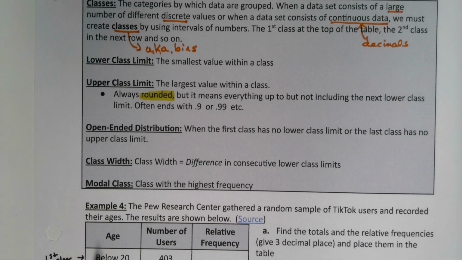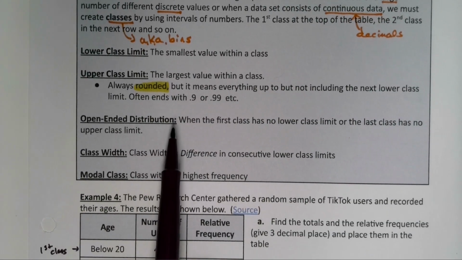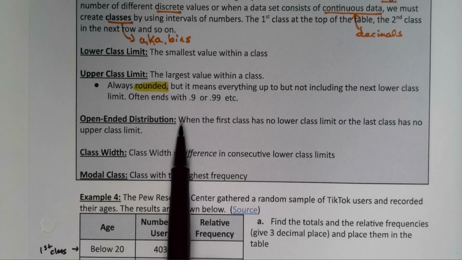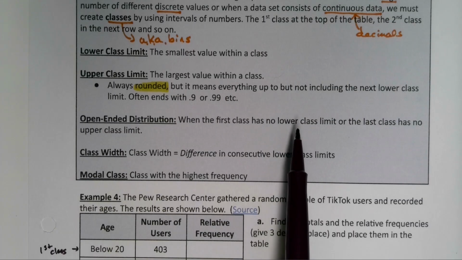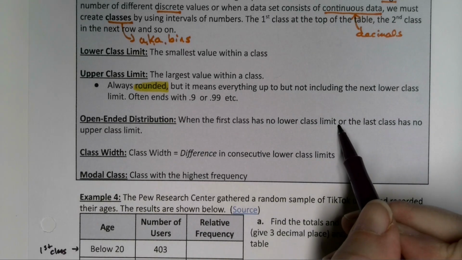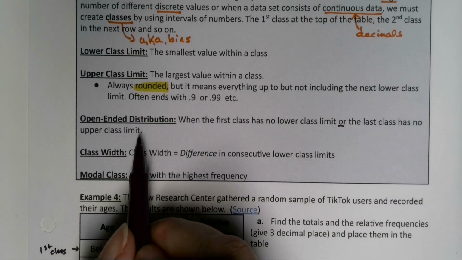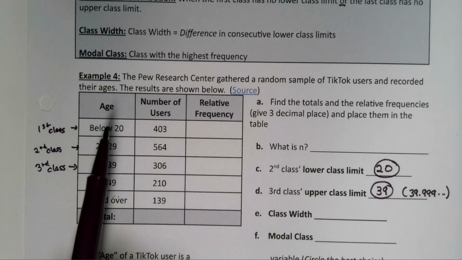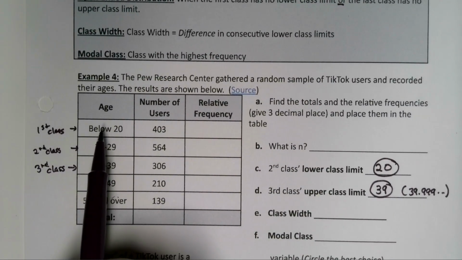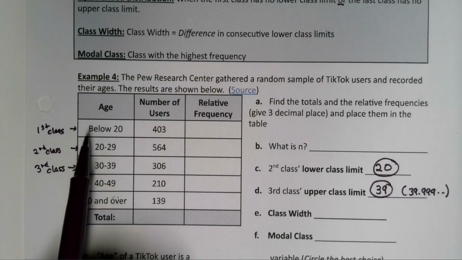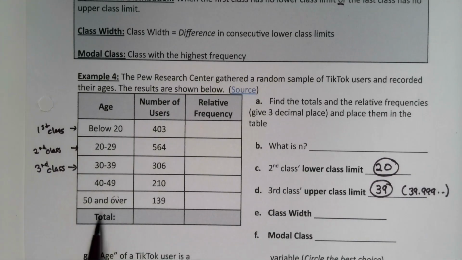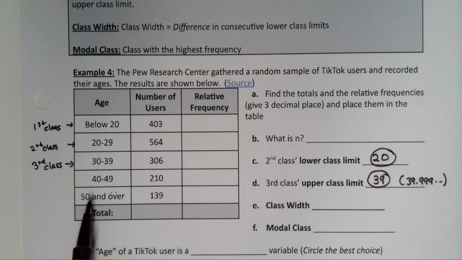Okay, what about the beginning and the end though? What's going on there? Well, those are called open-ended classes. When the first class has no lower class limit, or the last class has no upper class limit, which actually both of those are taking place here. This is open-ended, and so is this, right? Because this has no bound on the low end, and this has no bound on the upper end. So both of these are open-ended.